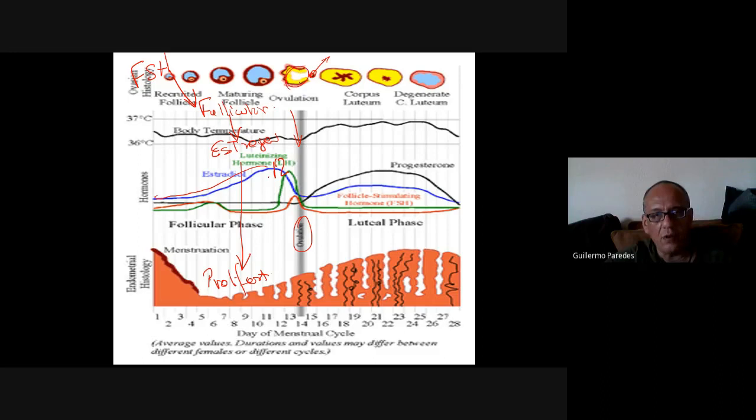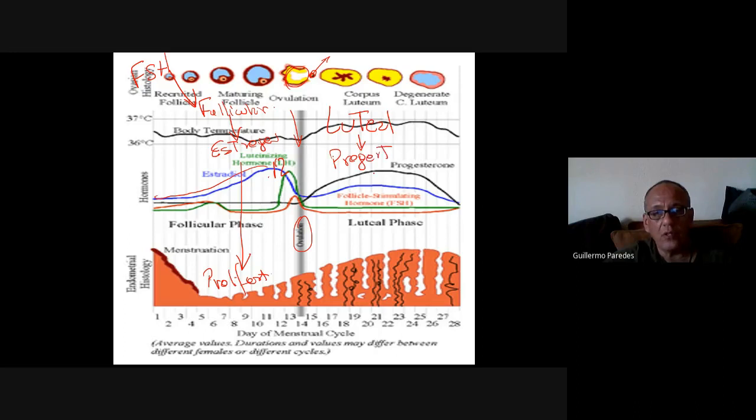Meantime, the remnants of the follicle are going to produce the corpus luteum, that is the luteal phase, because it's after the LH, the luteal hormone is after, that's why it's called luteal. And these luteal hormones produce the progesterone.